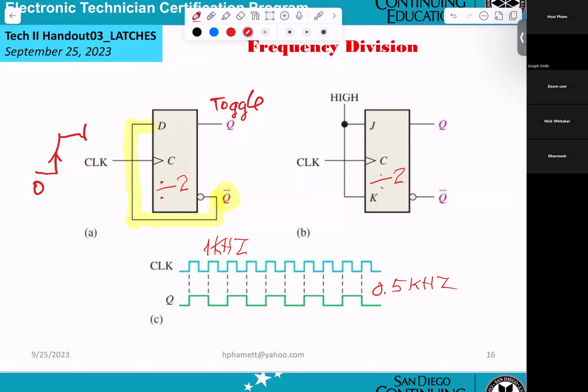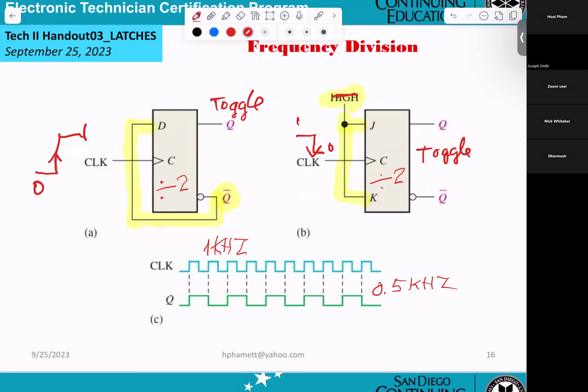That will be the same thing for JK. If you connect J and K to logic 1, high, and you get the clock going high to low, then the output will toggle.